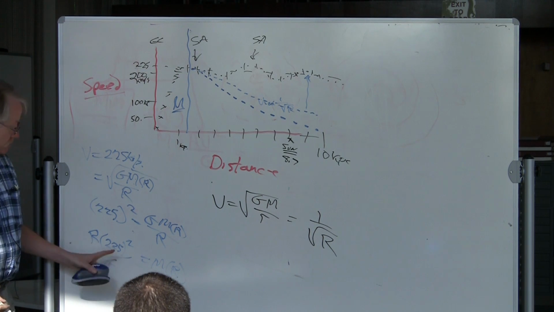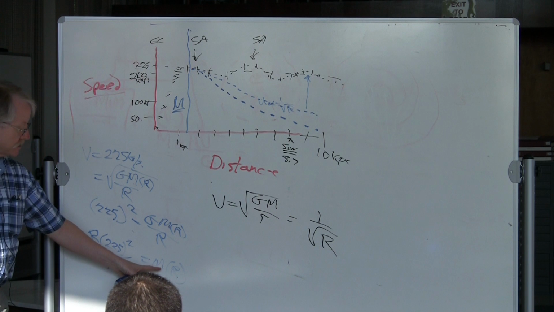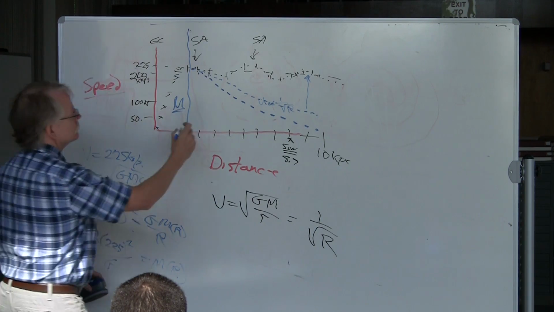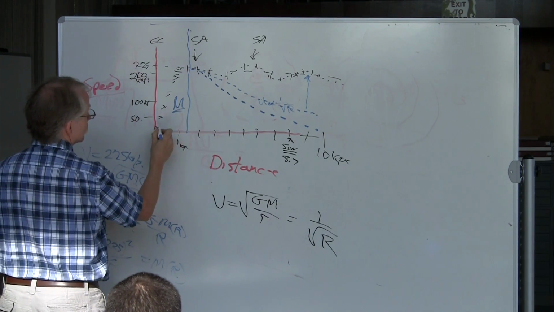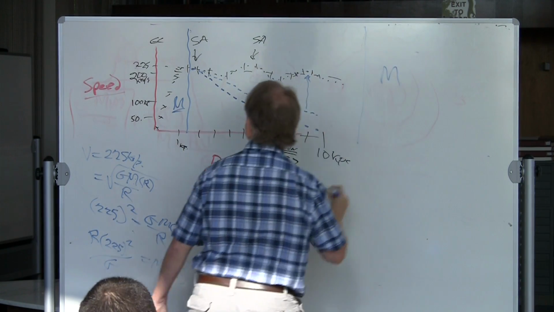What this says, this 225 squared is a constant, this G is a constant, so it says that if we have a galaxy where the mass increases linearly with the distance from the center, so it looks like this, if we plot that, here's mass.